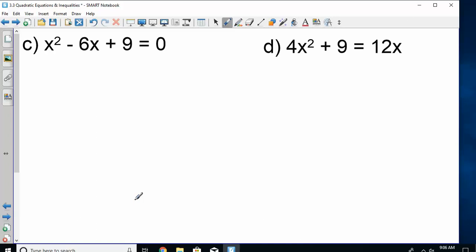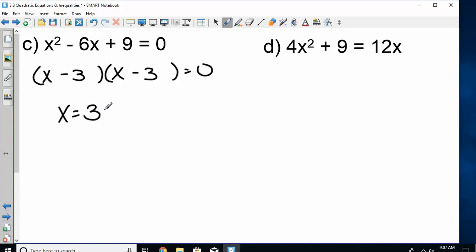It's a 1x squared. So we can do what? Right. Do our shortcut. Multiply to positive 9, add to negative 6 would be a negative 3 and a negative 3. So what's my answer? 3 shows up as an answer 2 times.